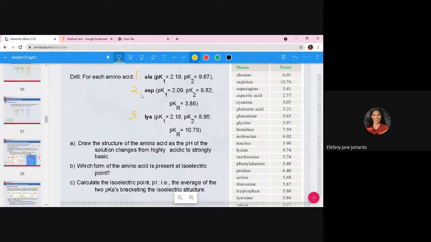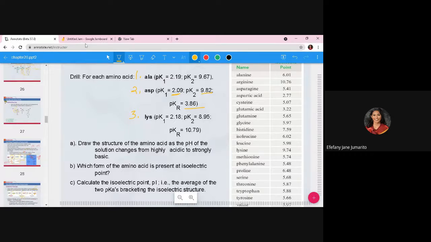Now, we have number 2. Asparagine has three pKa's: 2.09, 9.82, and 3.86.